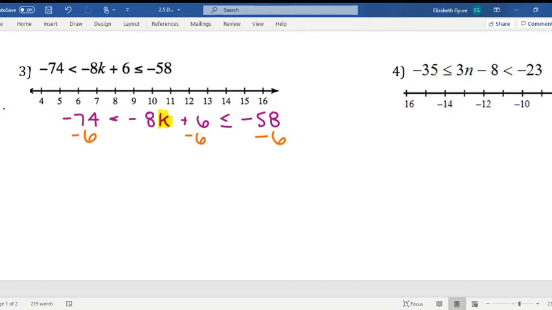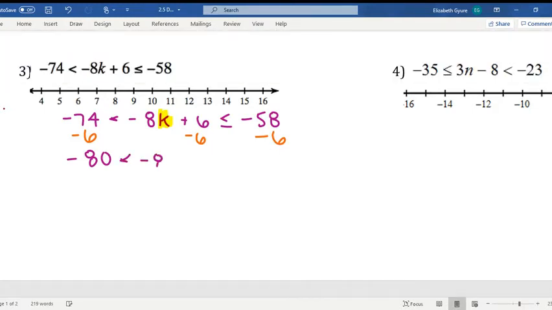Now, we have a lot of negatives here, so do we want to guess with our addition and subtraction? No, what should we do? Use a calculator, okay? Negative 74 minus 6. Negative 80, very good. Negative 80 is less than, in the middle, your 6's will cancel.